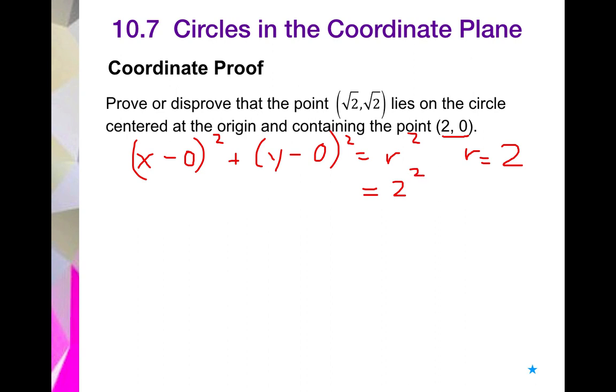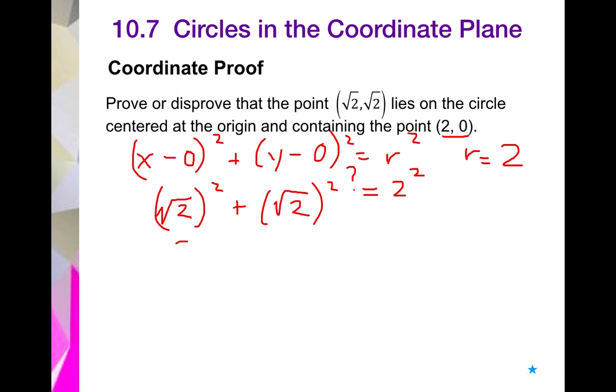To prove or disprove that the point (square root of 2, square root of 2) is on the circle, we plug in the square root of 2 here, and that's squared, plus the square root of 2, and that's squared. And does that equal 2 squared?